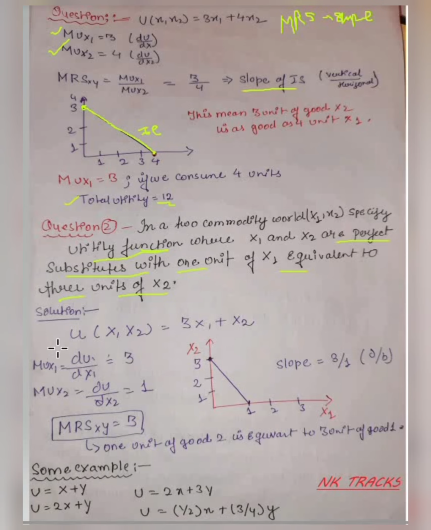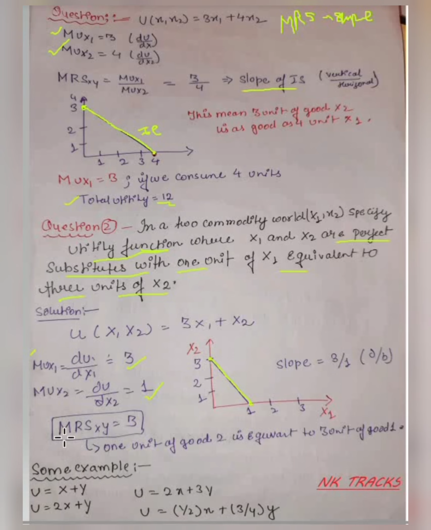So what we will do? Our first step is to differentiate. So MUx1 is equal to du by dx1, the value will be 3, and MUx2 will be du by dx2, the value will be 1. So what will be the slope here? 3 and 1. This will be the slope.